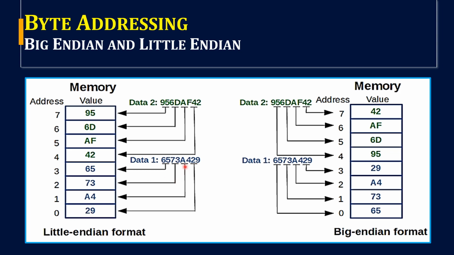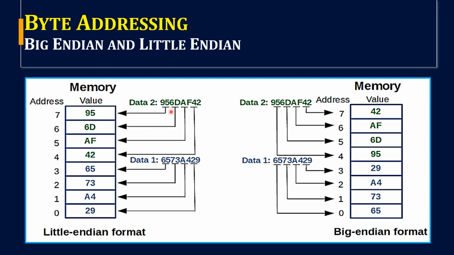Then in address 1, we are storing the next byte, that is A4. Then in 2, 73, and in 3, we are storing the 65. So we store the data using this little endian format. The least significant byte uses the lower byte address.